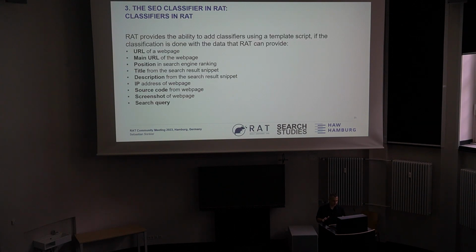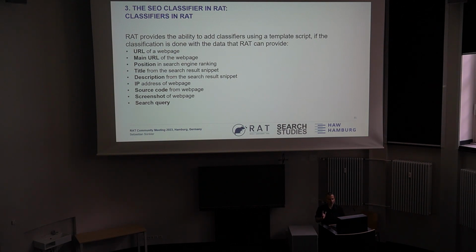A big advantage of RED is that you can define any kind of classifier in it to classify the content you scrape. You just have to keep in mind that you can only use the data that we can offer in RED. We store the URL of a page, the main URL, the position in search ranking, the title, description, IP address, source code, screenshot, and search query.